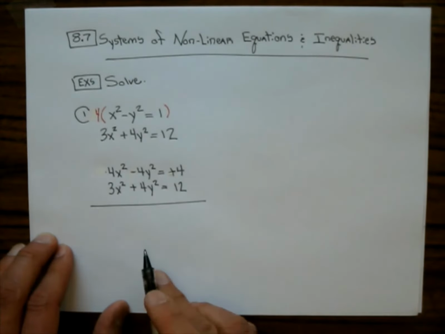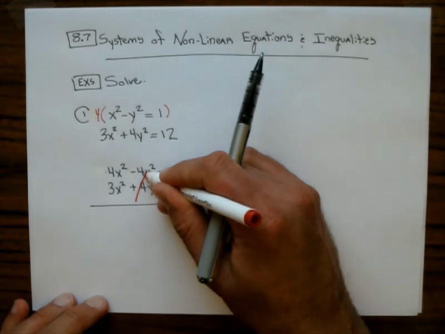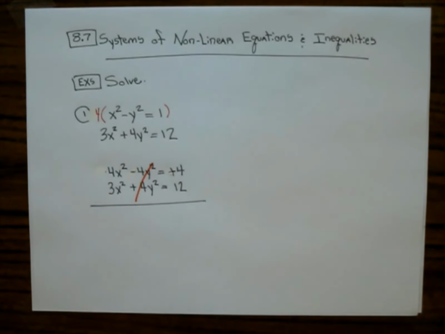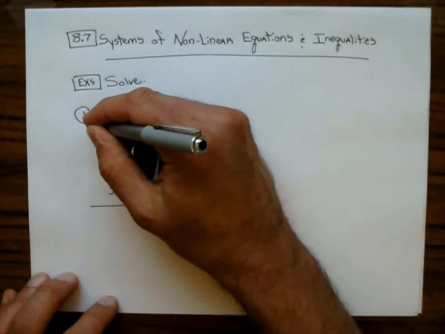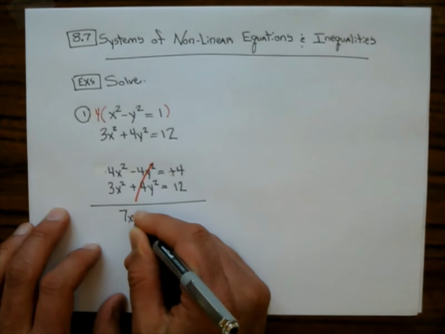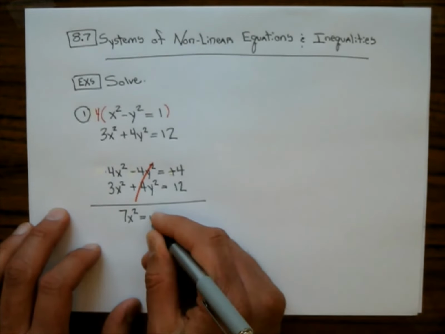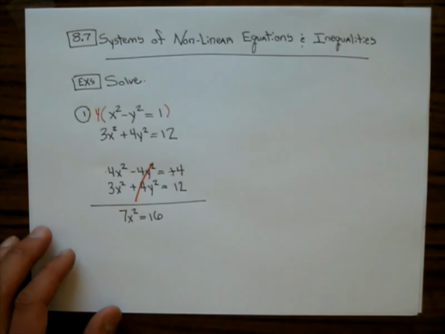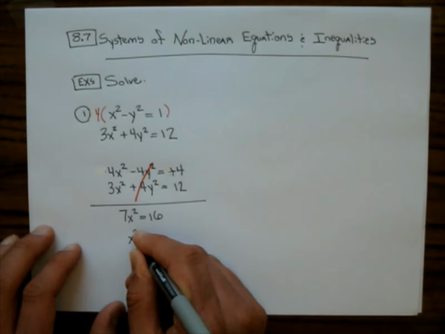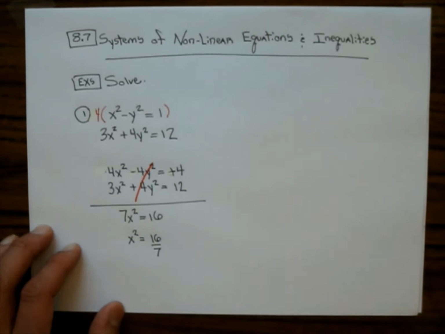So what do I have here? When I add those equations together, those terms cancel. That was the whole idea of multiplying by 4. So I get 7x squared equals 16. I'm going to solve for x squared by dividing both sides by 7. I have 16 over 7.